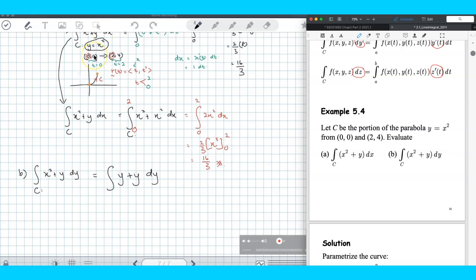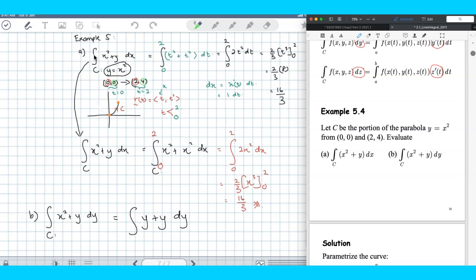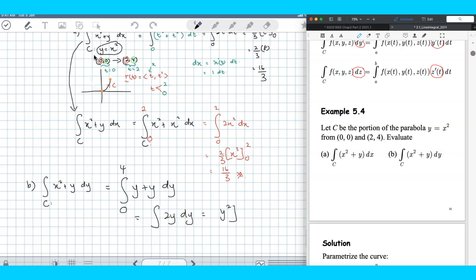We look at the limit of only y, which is 0 to 4. So you have 2y dy, which gives y squared from 0 to 4, so you have 16.